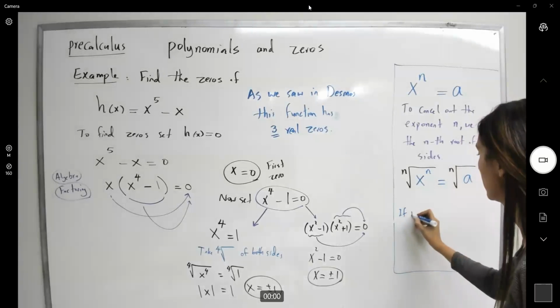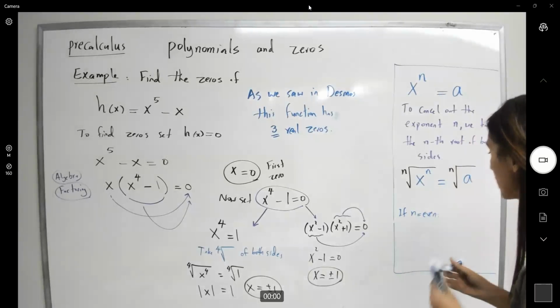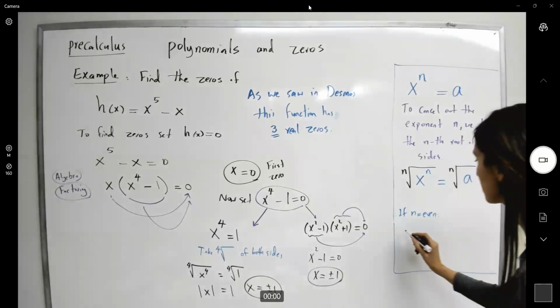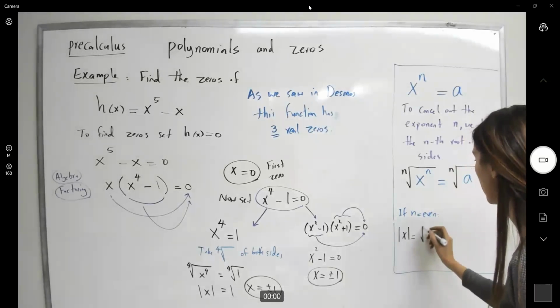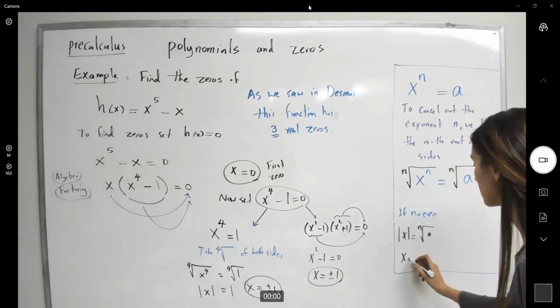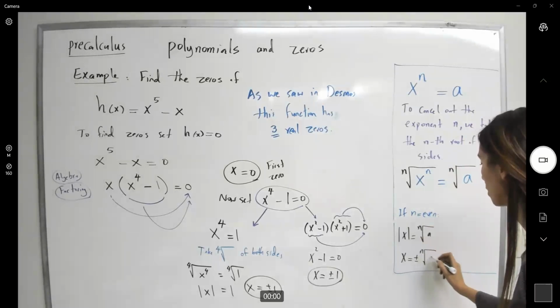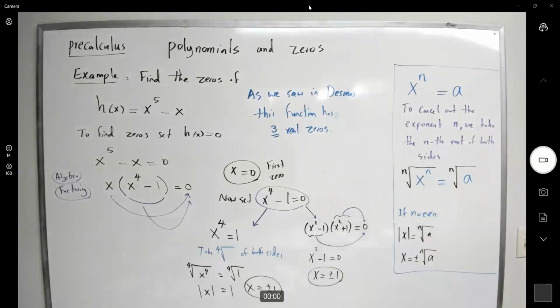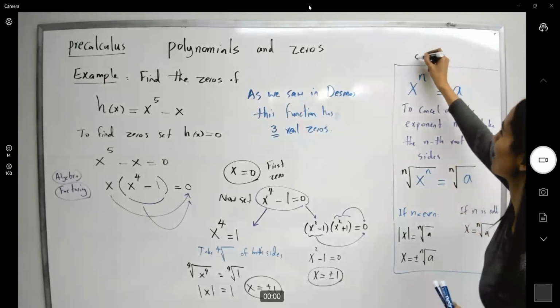If n is even, we get the absolute value of x equals the nth root of a, or x is plus or minus the nth root of a. But if n is odd, then we have x equals the nth root of a. These are the algebra rules that we apply when we are solving equations like this.